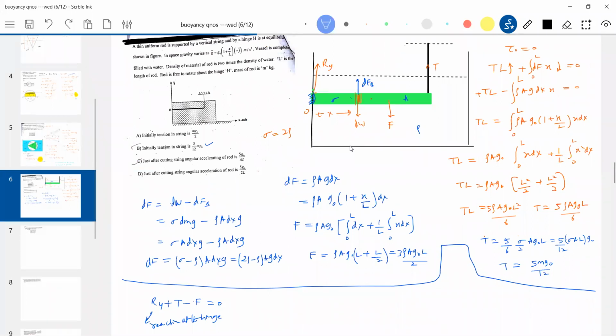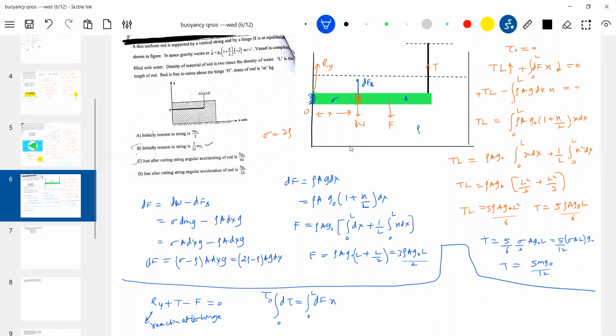What all torque will be set up, only by this one, no? This resultant force only will set up a torque. So the angular acceleration should be equal to the torque, which is the integral of dF into x, from 0 to L.